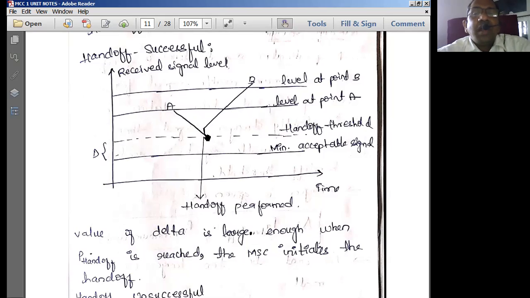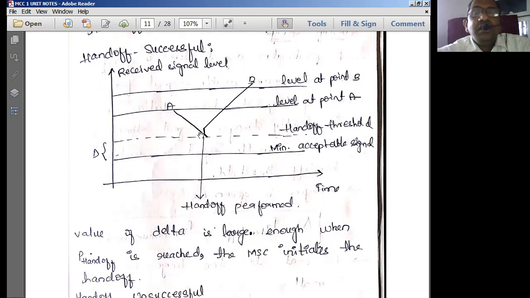Now what happens here is that until it reaches the zone of very high signal strength of cell tower B, the signal is not connected to cell B. Until the mobile unit reaches a place where it can get good signal strength from cell B, it will stay with cell A only.